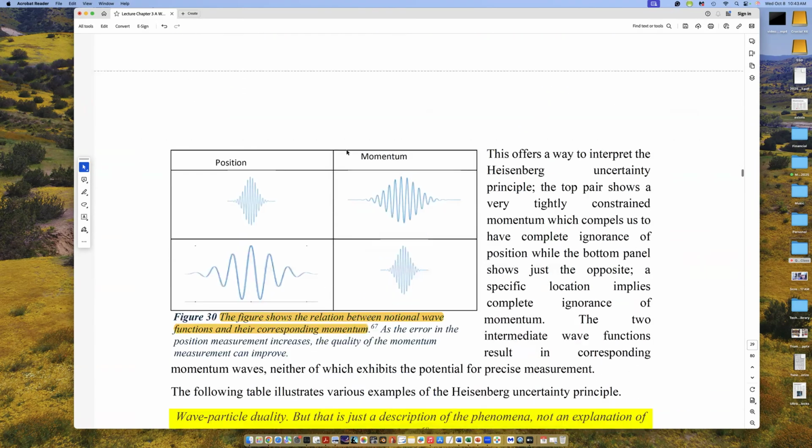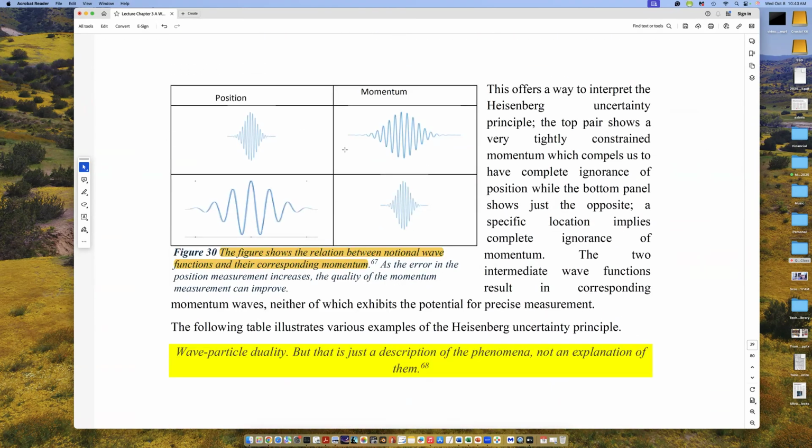Okay. So here's the way it works in the mathematical jargon. If we have a wave function that looks like this, that is a very confined wave function in position, the momentum wave function bulges out. And if we have a lot of uncertainty about the position, if this is the wave function, then we have a much more confined momentum estimate.